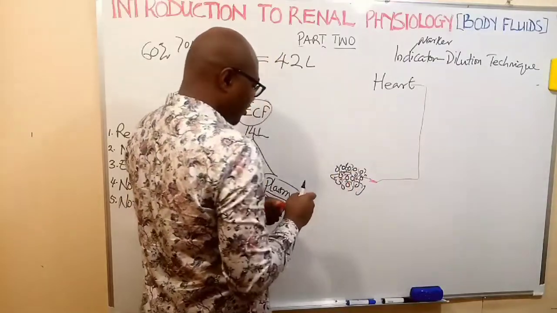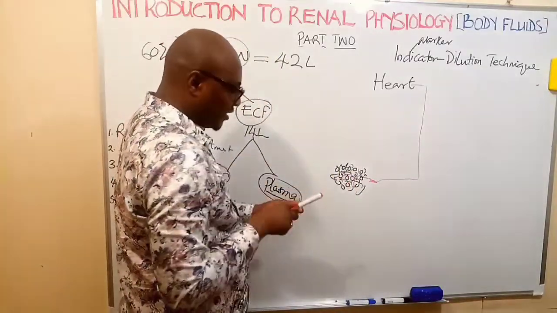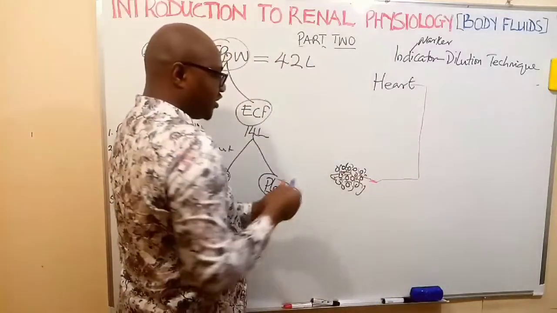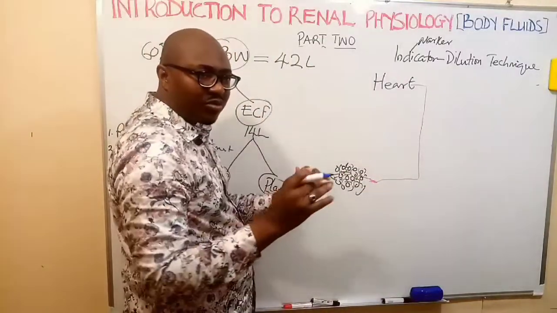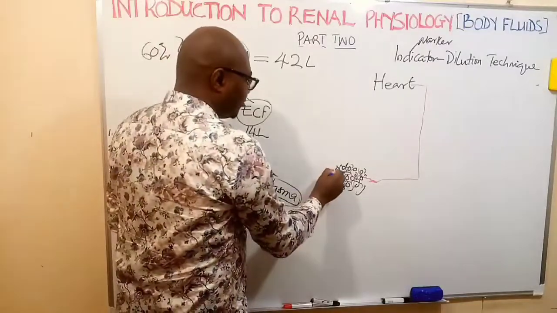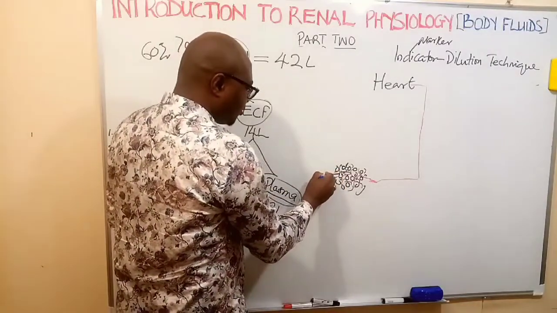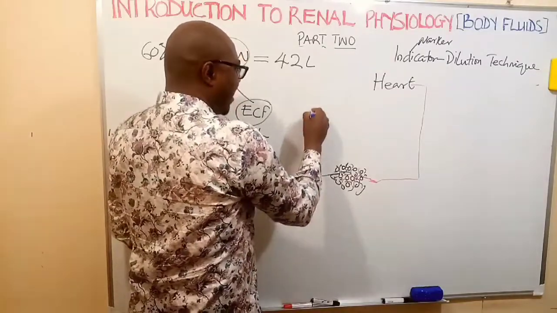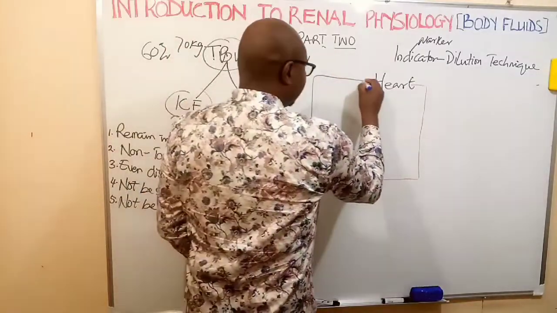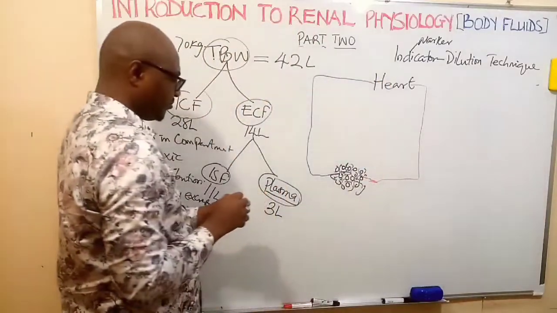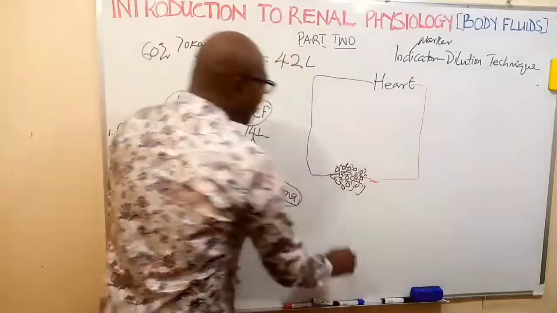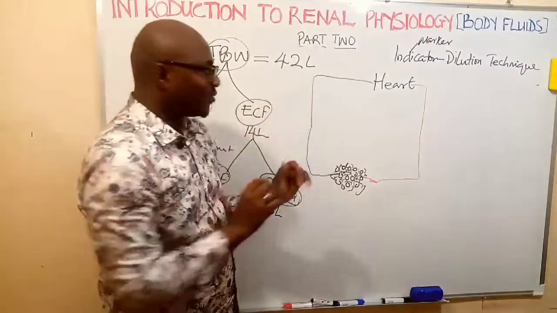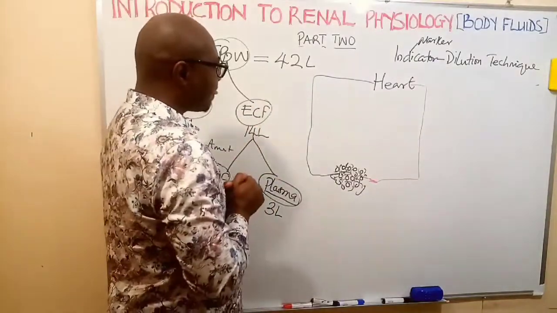All right? So the next thing you now have is that after being in this tissue, the capillaries will now rejoin to form venules and then veins, which will now go back to the heart. So if you look at this diagram, the diagram is not so perfect, but it will help you understand something.